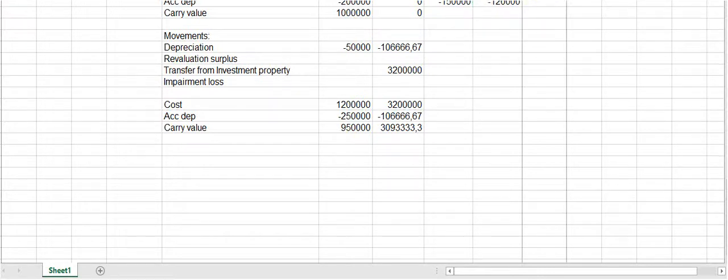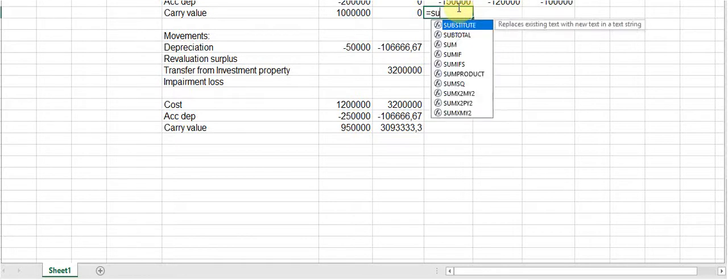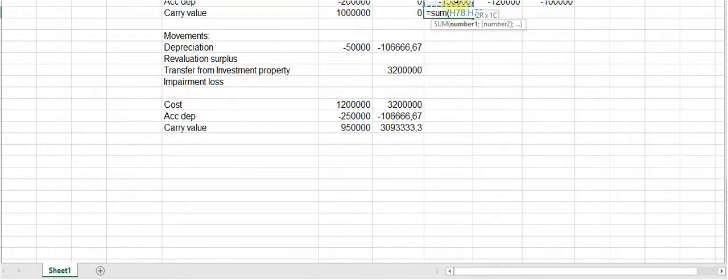And for machine C, it was 1.1 million, and the accumulated depreciation on it was 100,000 at the beginning of the year. So we can just simultaneously calculate the opening values for all the machines.